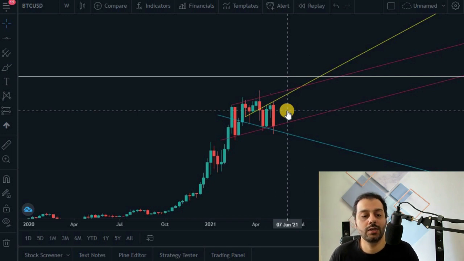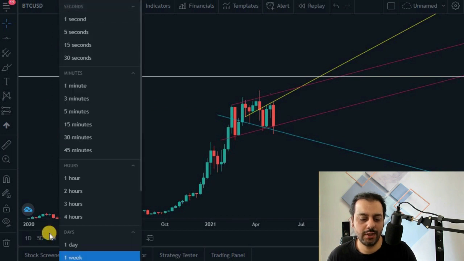Okay, now let's see what is the bigger picture. What happens if the price breaks the upper part of the weekly channel and if we go through a bullish move?